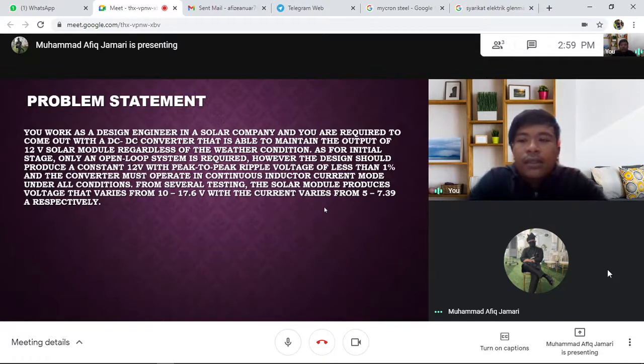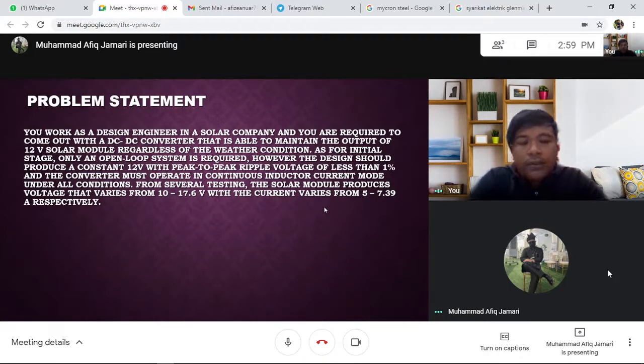However, the design should produce a constant 12 volt with peak to peak ripple voltage of less than 1%, and the converter must operate in continuous inductor current mode under all conditions. From several tests, the solar module produces voltage that varies from 10 to 17.6 volt, with the current varying from 5 to 7.39 ampere respectively.